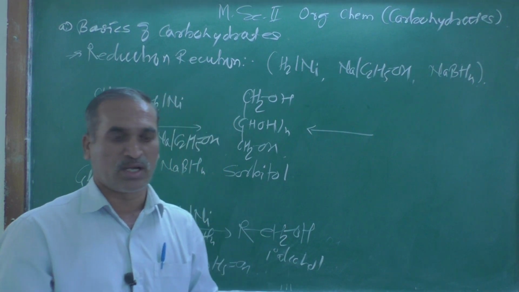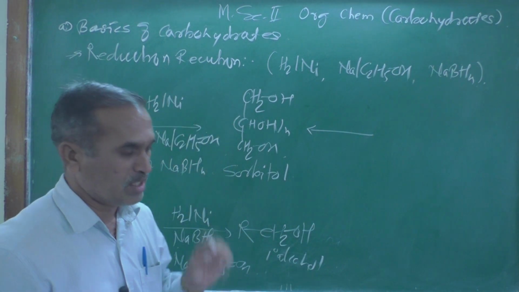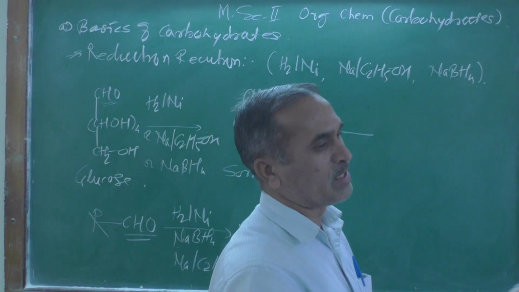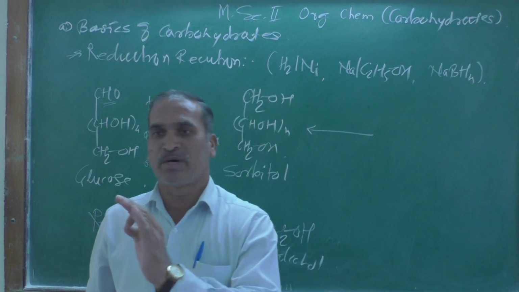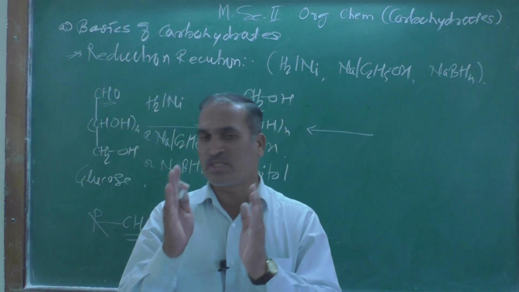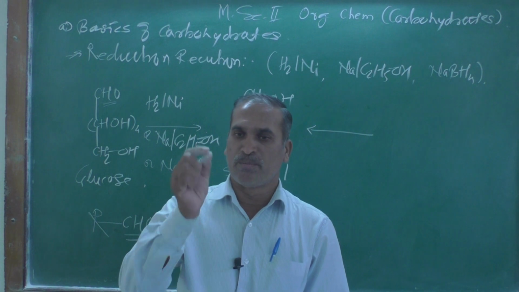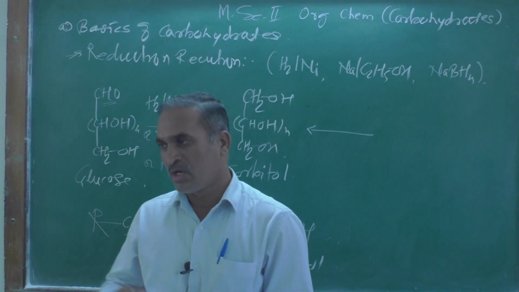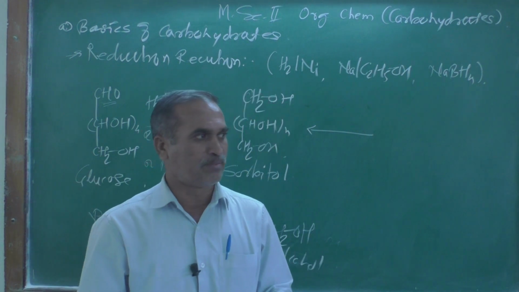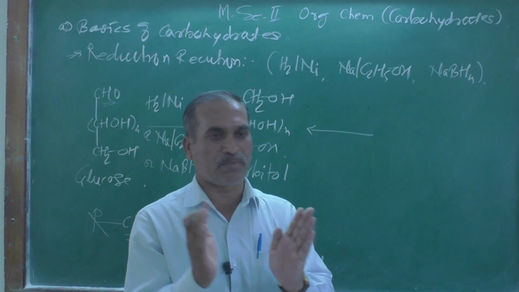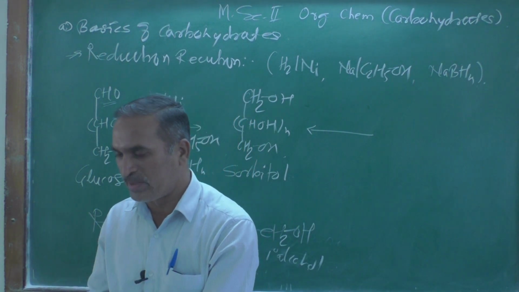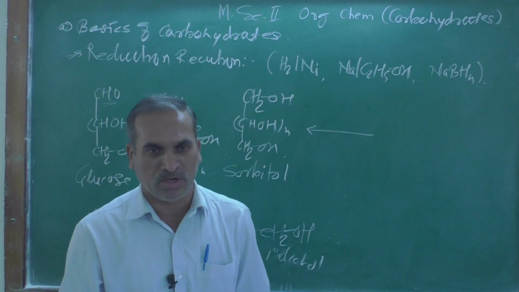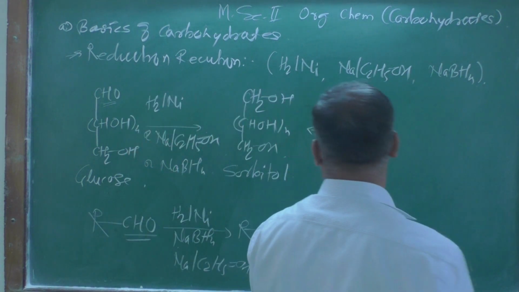As we know, glucose and fructose are isomers of each other. Isomer means having the same molecular formula but a different structure. That phenomenon is known as isomerism.